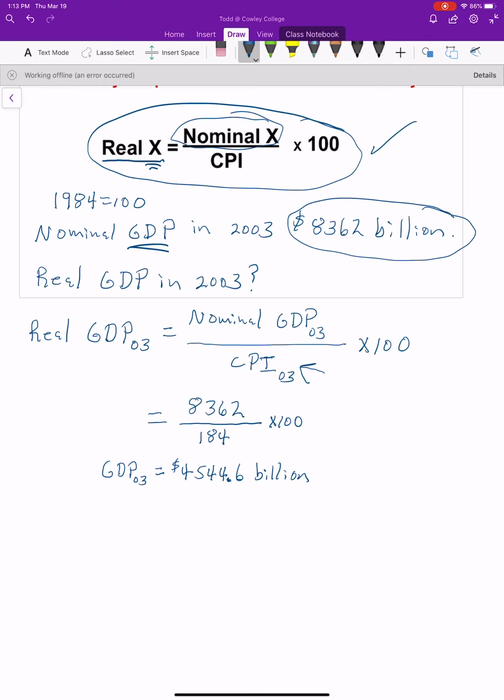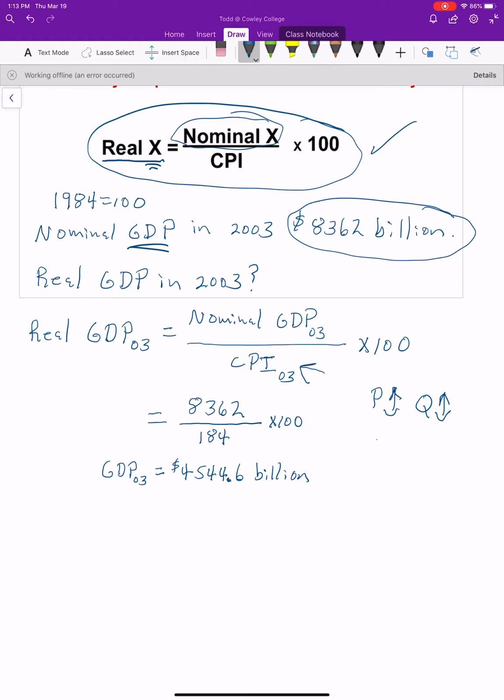But I don't want you to miss exactly what has happened here. Remember, our entire problem to start was that we had both price and quantity changes going on at the same time. That was the problem.